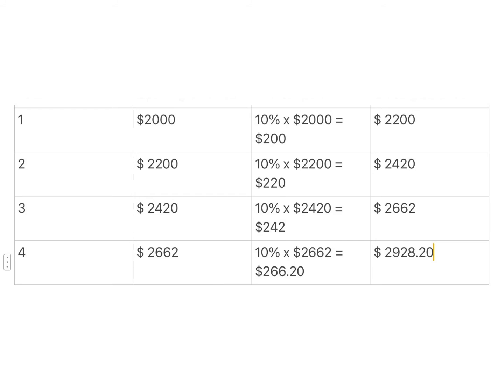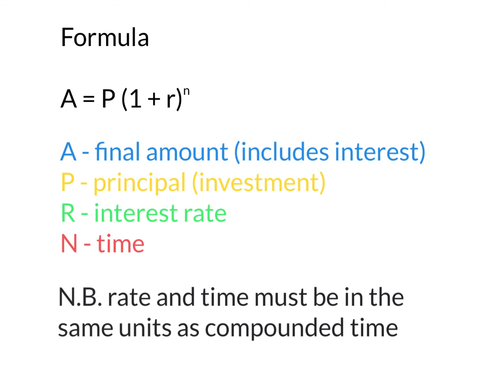That's how we get our formula. So our formula, the amount at the end is equal to the amount we invested originally, that opening balance, times 1 plus the rate. So remember, that's like 100% plus the 10%. So 1 plus the rate, to the power of however long you invest for.